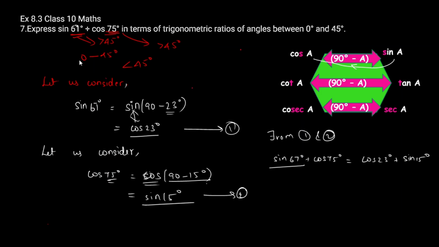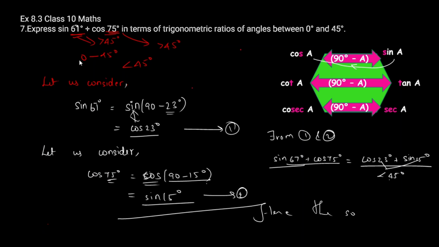Hence we have written this term with angles less than 45 degree. Right, 23 is less than 45 and 15 is less than 45. We have achieved the required condition, right? And hence the solution. This is the answer. Both the angles are less than 45, hence the solution.